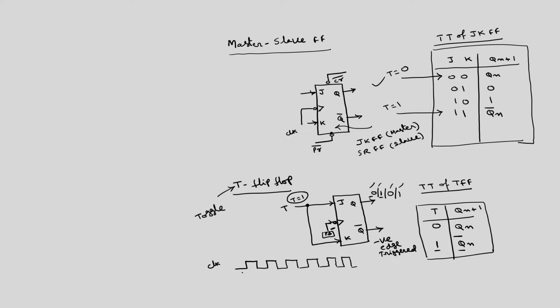Before the application of this clock signal, this is the first negative edge, this is the second negative edge, this is the third negative edge, and so on. I am fixing T equal to 1 here. If the initial state of Q is 0, it will come with 0 from infinity, this is logic 0.